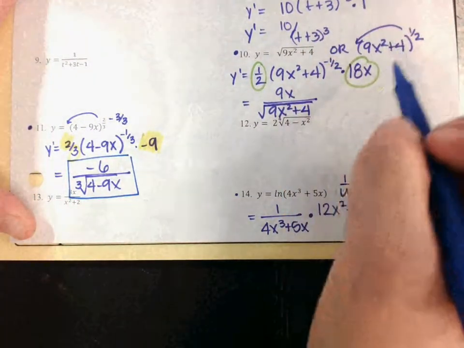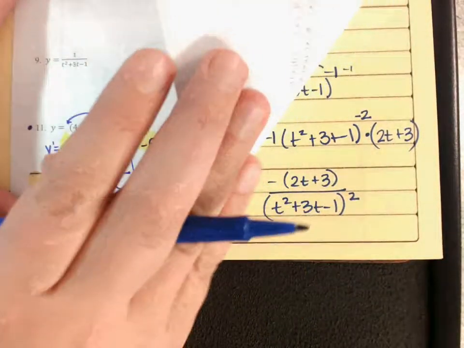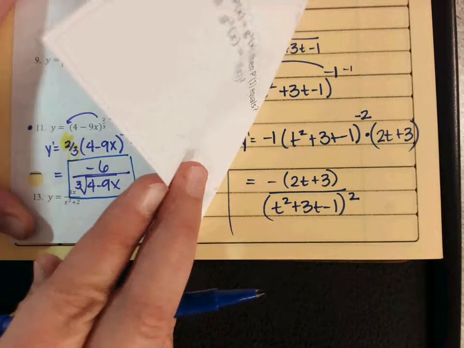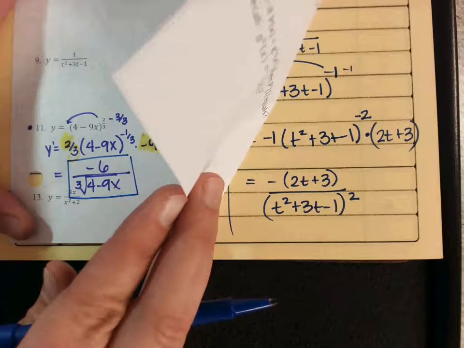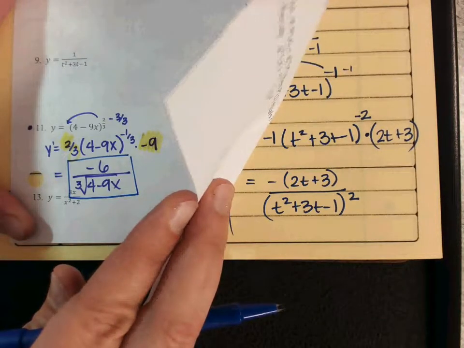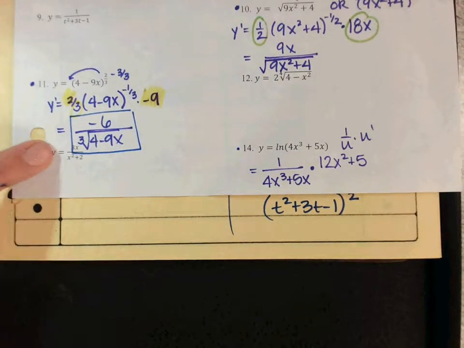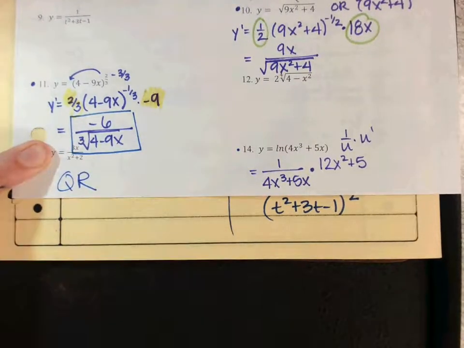Number 9 was right there. Do you see both? Okay, so 11's on the left, 9 is on the right. There's one on the front that's already showing that doesn't involve any chain rule. Number 13. What rule should that one be? Quotient rule. Okay?